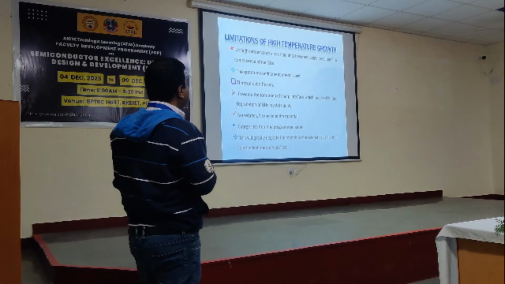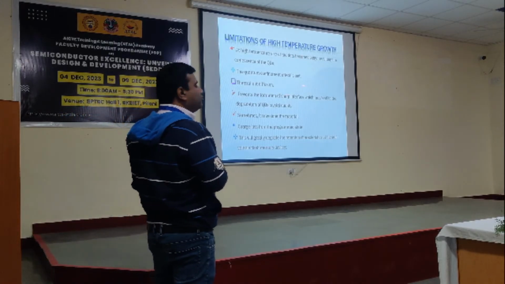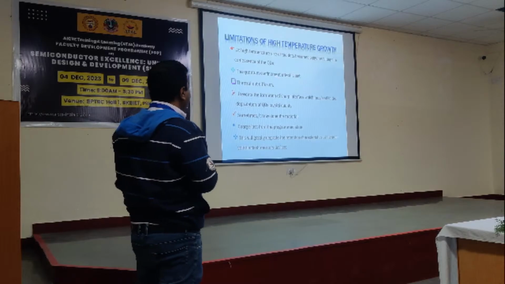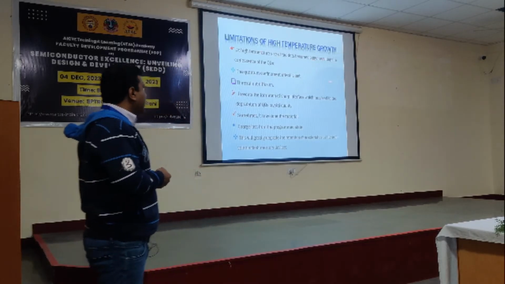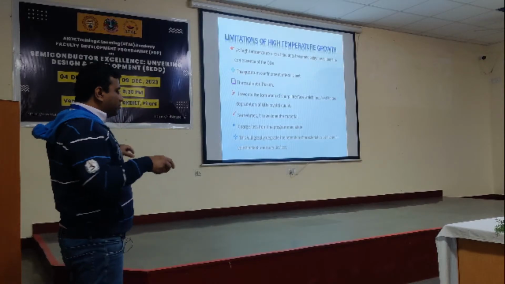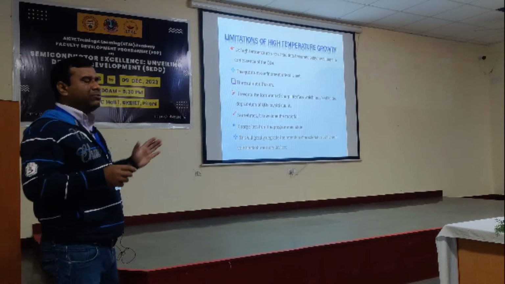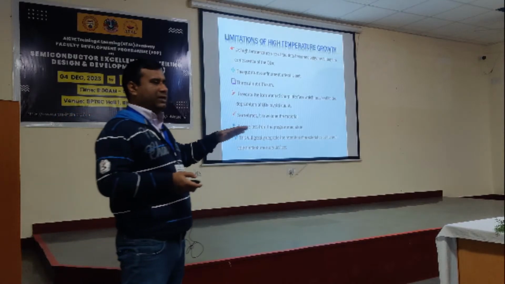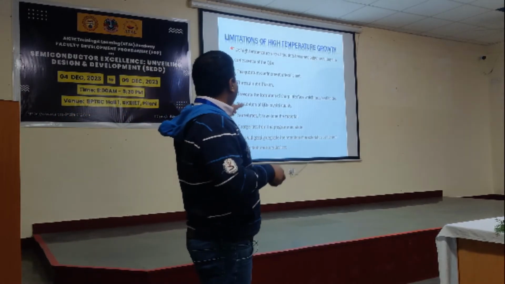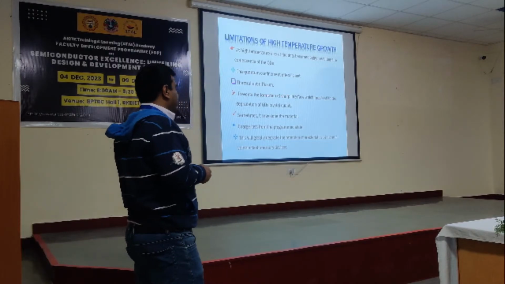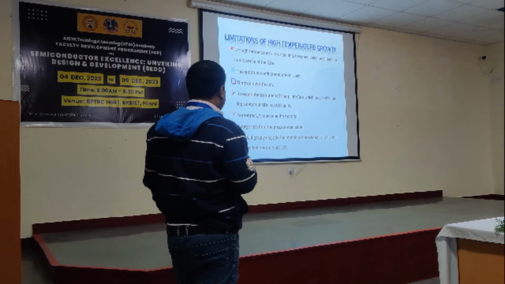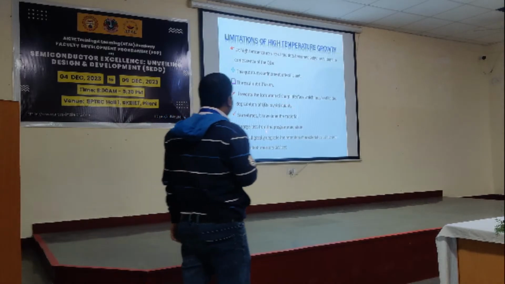Now, limitations of the high temperature growth. As you know, in most cases people grow at high temperature, but at high temperature the size of the quantum dot gets bigger. Suppose quantum dots are distributed on the surface; if the size gets bigger, then they will coagulate in some way. Eventually your quantum confinement effect will be lost, and it also assists thermal diffusion.